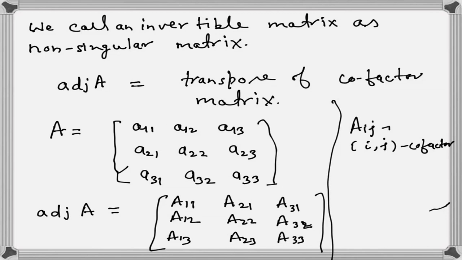So adjoint A is nothing but this cofactor matrix, and you just take its transpose.